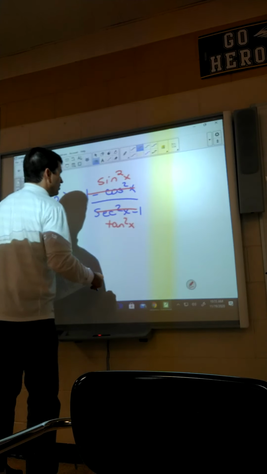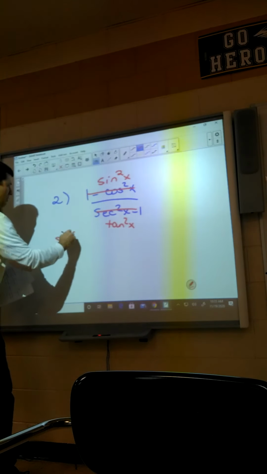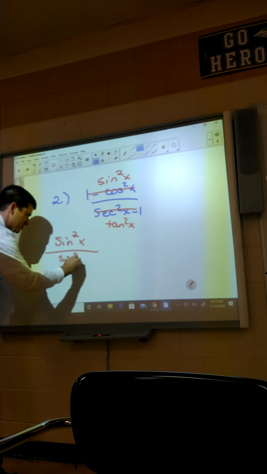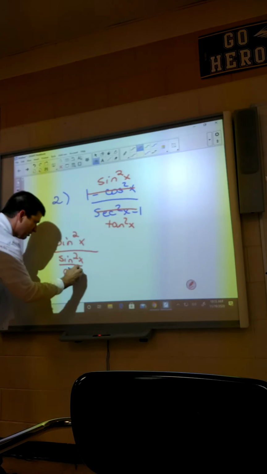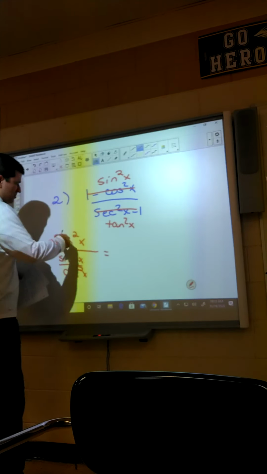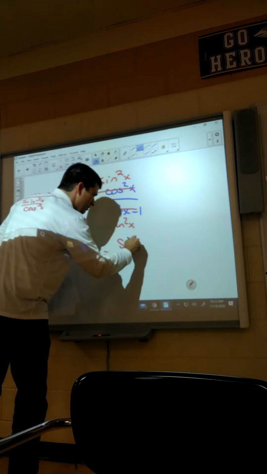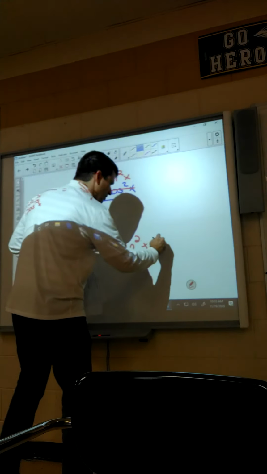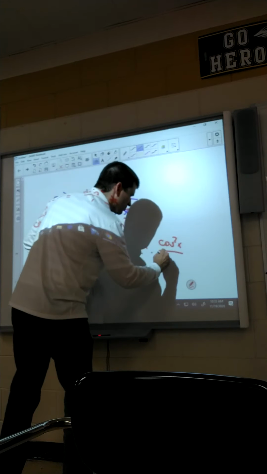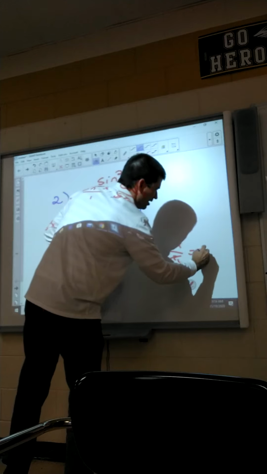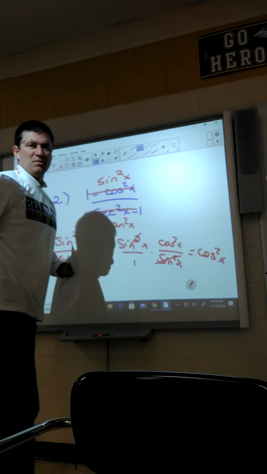All right, so I've got sine squared over tangent, which is sine over cosine. I know that one. Alright, so what's the next step? We do keep, change, flip. So the top is sine squared over 1. The bottom, I flip it. That'll put cosine squared over sine. Sines cancel. Answer's cosine squared. Can everybody see that?